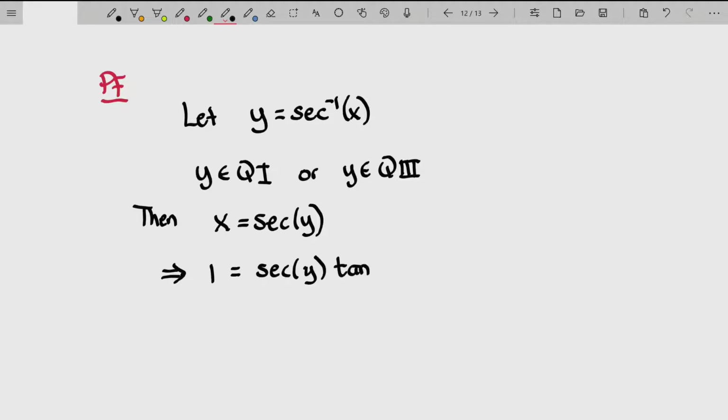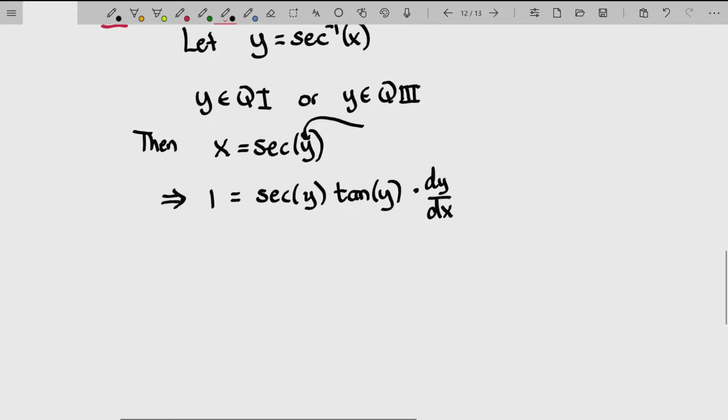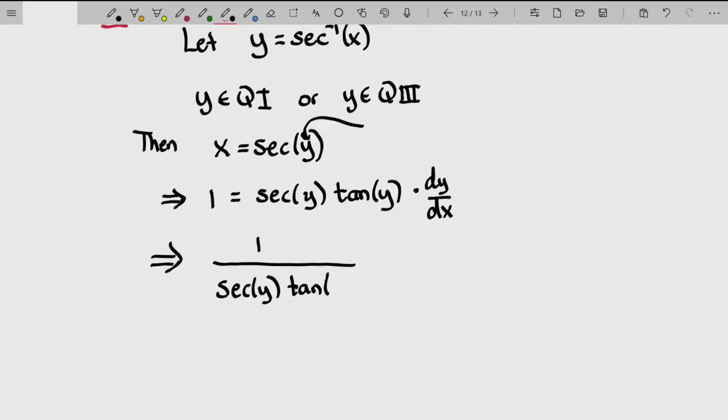Remember, the argument is y, and then you take the derivative of its argument y, so it's the derivative of y with respect to x. I can solve this for dy dx by dividing both sides by secant tangent. So I get 1 over the secant of y times the tangent of y is equal to dy dx.